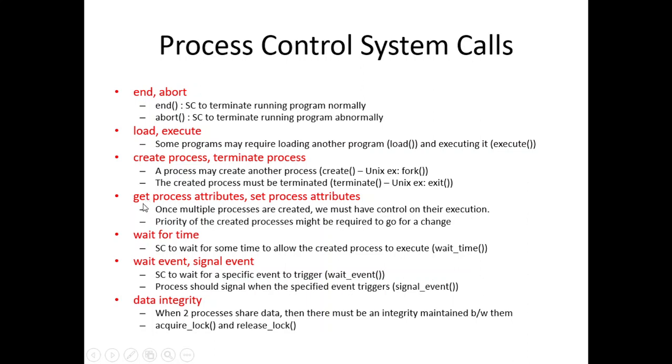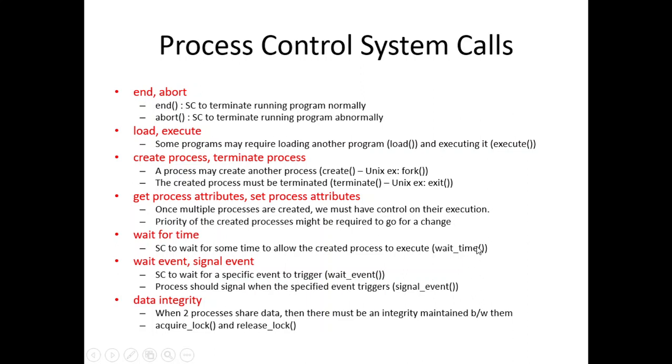There might also be cases where we would need to get the attributes of processes, or set the attributes of processes. Assuming there is an environment where we have created multiple processes, we would want to have control on their execution. For example, we might need to modify the priorities of the processes.